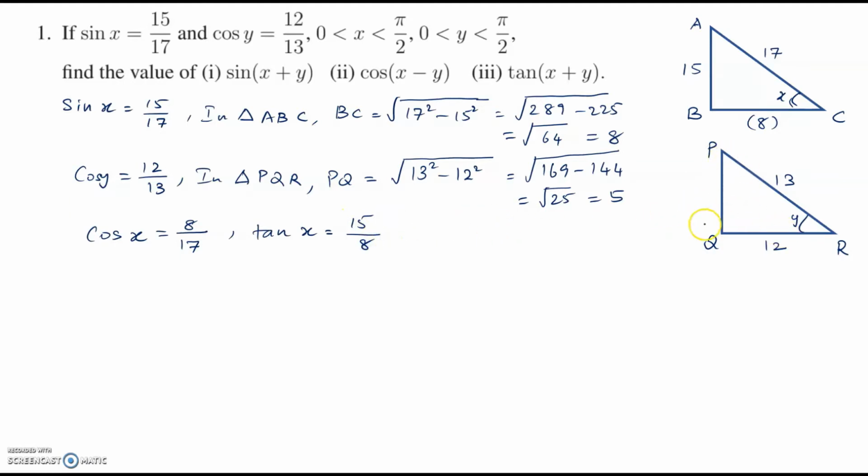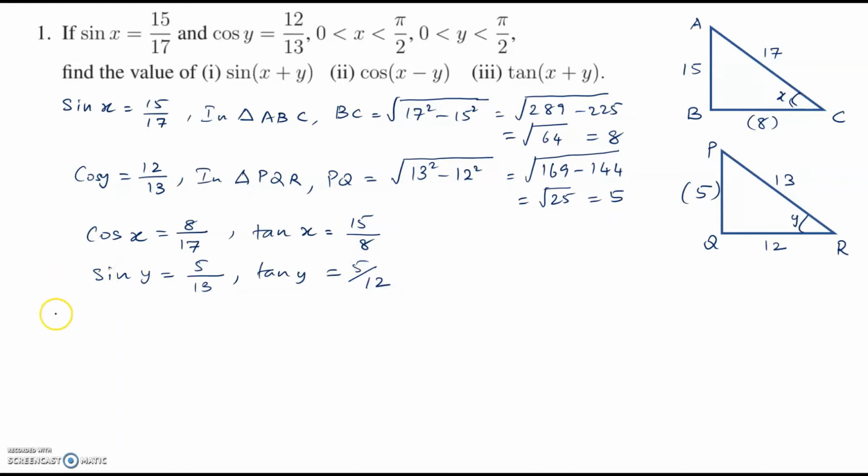Similarly, in triangle PQR, we found PQ to be 5. So our sin y will be equal to 5 by 13 and tan y will be equal to 5 by 12.